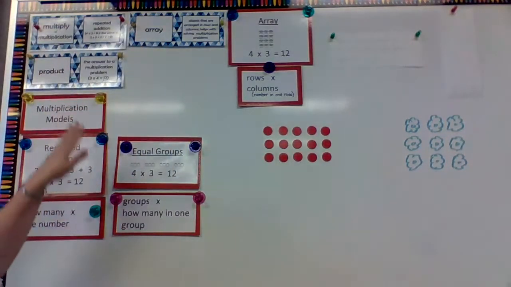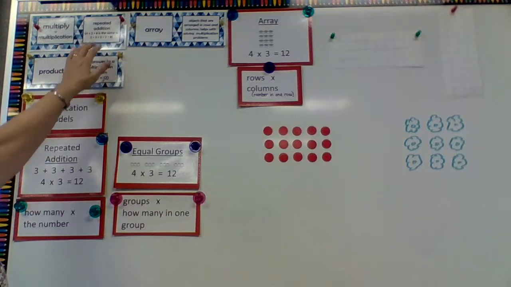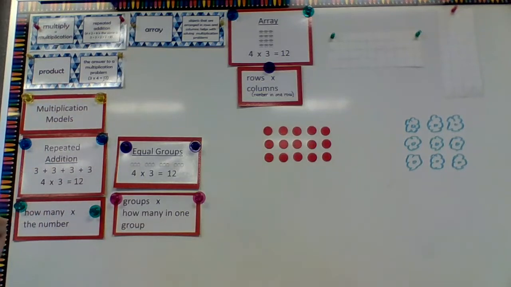All right, we've already talked about what multiplication is, that it really is a quick and easy way to do addition. The answer to a multiplication sentence is called the product. And last week we talked about two different models or ways to represent multiplication. We talked about repeated addition, 3 plus 3 plus 3 plus 3.